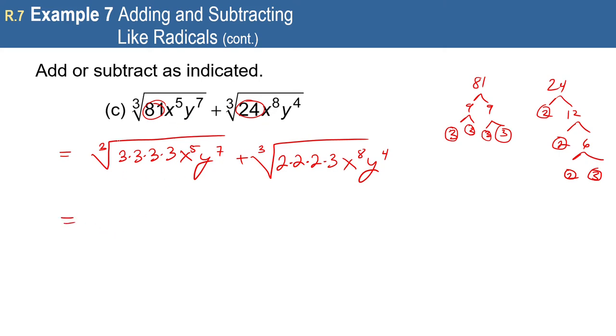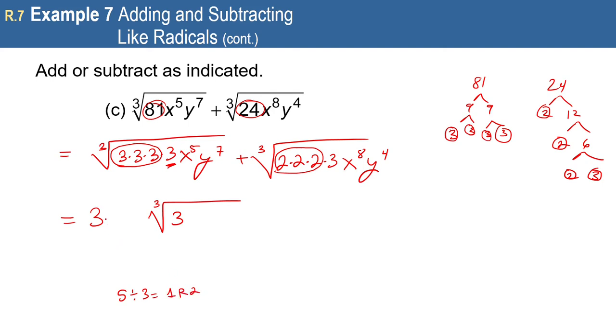Now we're looking for groups of 3. This is the cube root of 3 times 3 times 3, which is 3. We have a 3 left on the inside. Don't forget the index is still 3. 5 divided by 3 is 1, remainder 2.